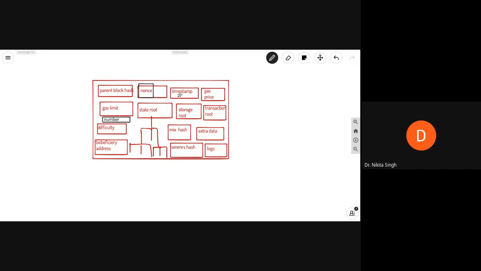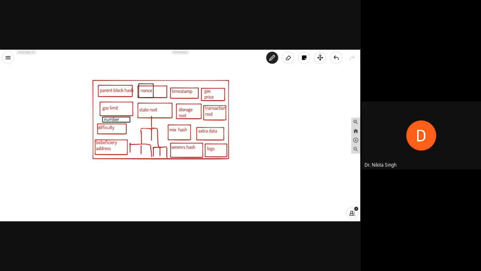Then we have the timestamp. Timestamp is the time at which the block was added to the chain. We have gas price. You know what gas limit, state root, storage root, and transaction root is. We have 1, 2, 3, 4, 5. All of these fields, which are new fields. So let us look at these fields one by one.